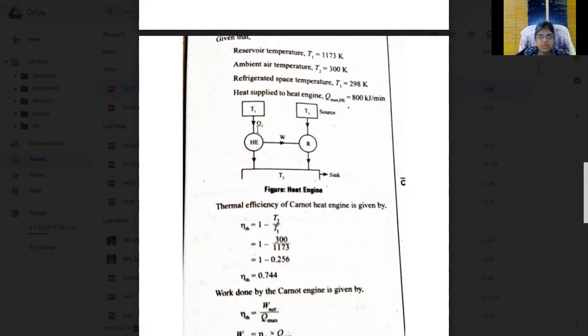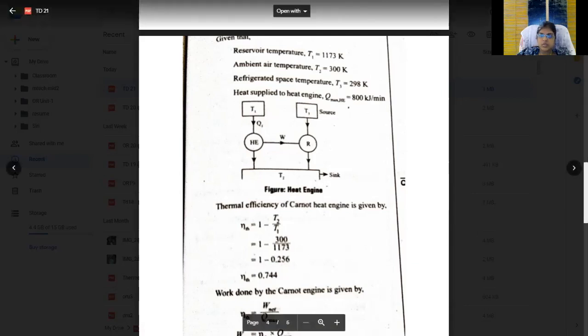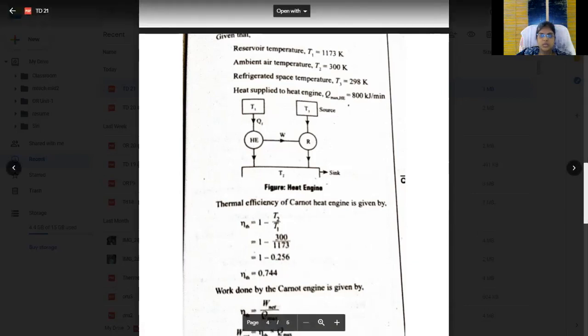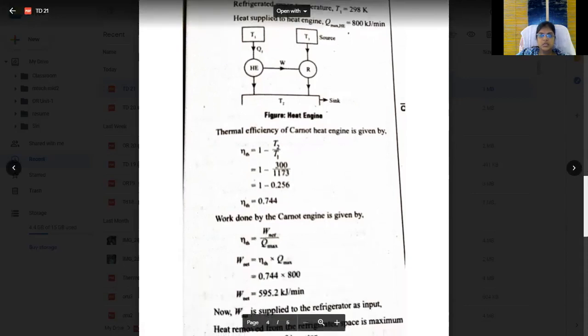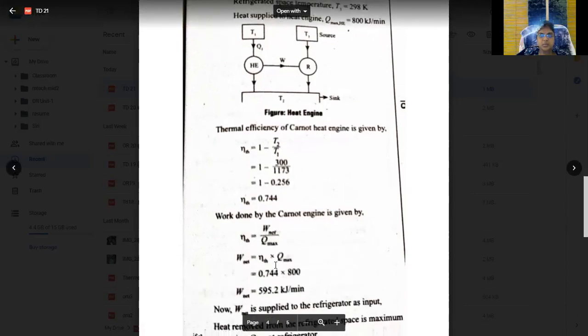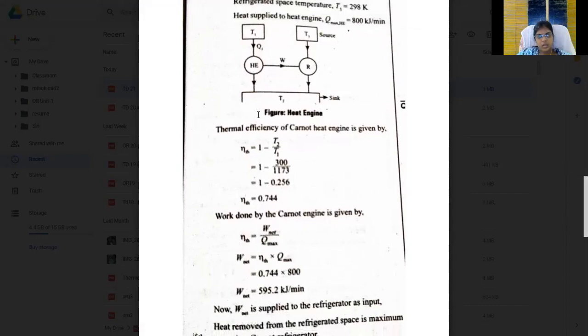So that is T1 minus T2 by T1, and finally we get 1 minus T2 by T1. I got the thermal efficiency as 0.744, and the work done by the cycle is given by the maximum work. So work done is equal to efficiency into Q max.